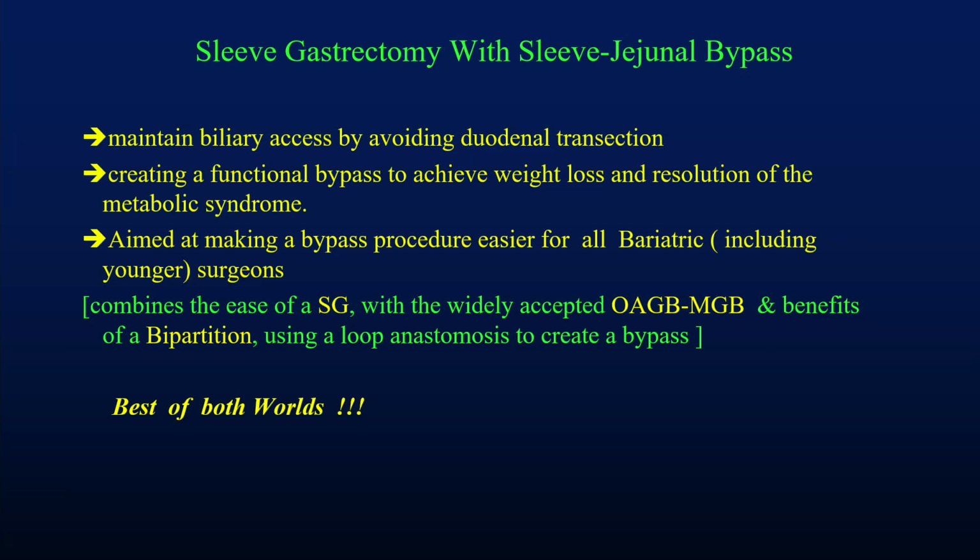It creates a bypass that is functional to achieve the weight loss and resolution of the metabolic syndrome, and aimed at making a bypass procedure that is easier for most bariatric surgeons, including younger surgeons. So it combines the ease of a sleeve with the widely accepted OAGB, MGB, and the benefits of a bipartition using a loop anastomosis.